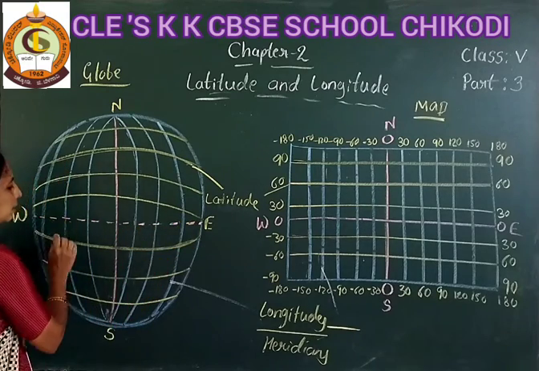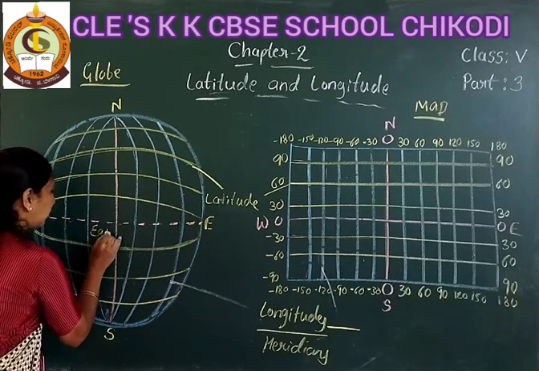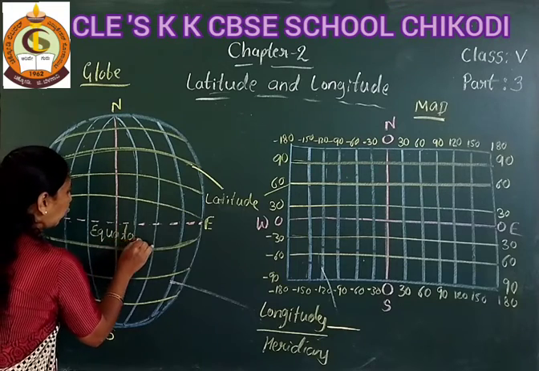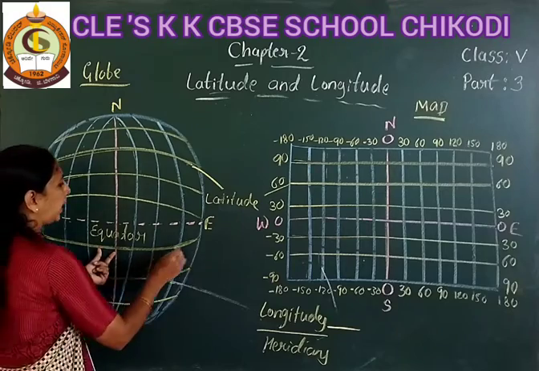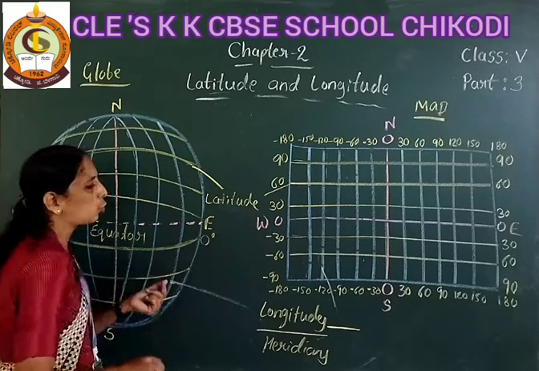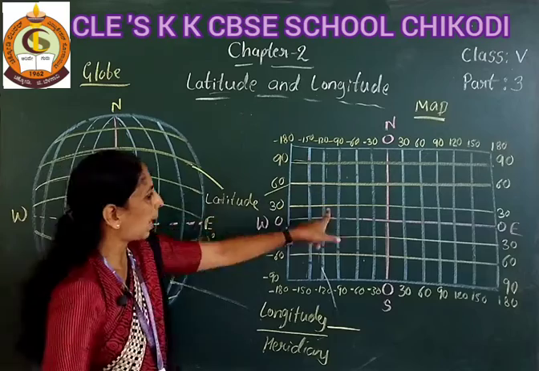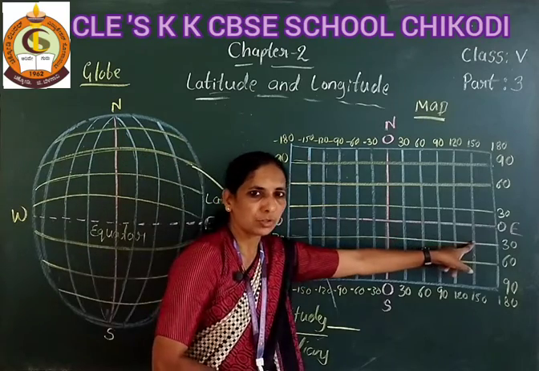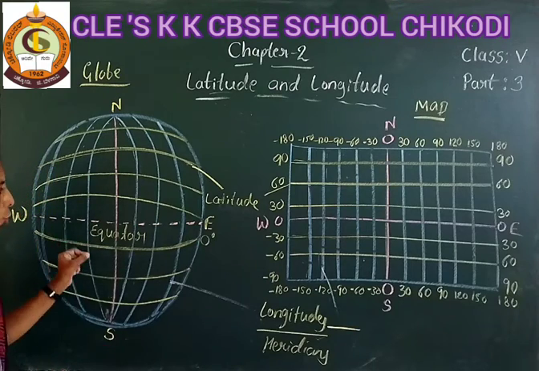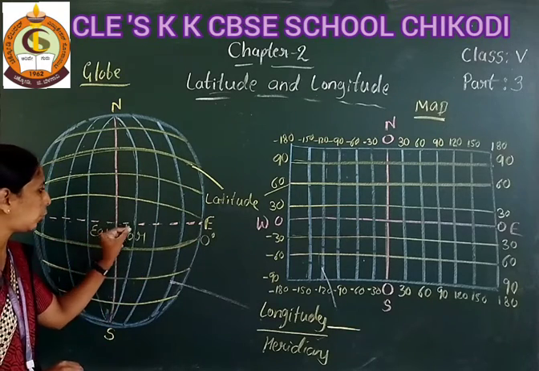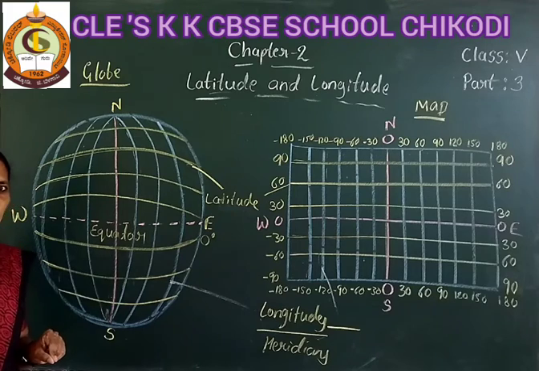Next, you can see here some broken line. What is this? This is the equator. The equator is measured at 0 degree. See on your map, it is the equator. It's the 0 degree latitude.